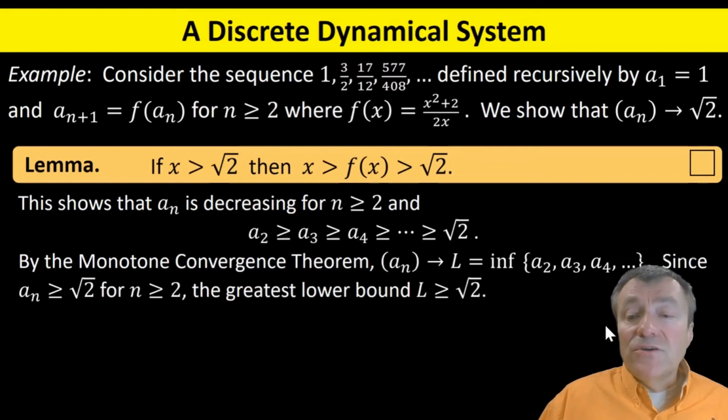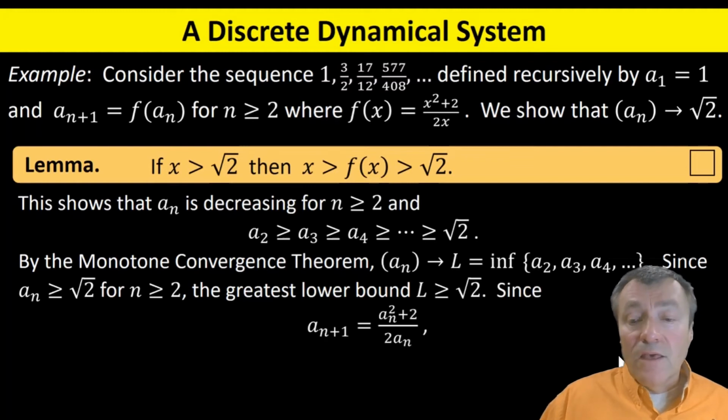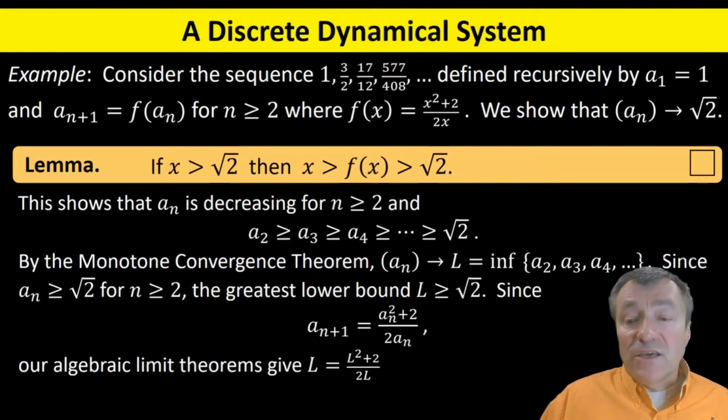Since square root of 2 is a lower bound for the terms, again not including the first term, the greatest lower bound is at least square root of 2. And now, let's remind ourselves that this is the formula giving each term of the sequence from the previous term. And in this formula, you can take the limit of both sides as n goes to infinity.